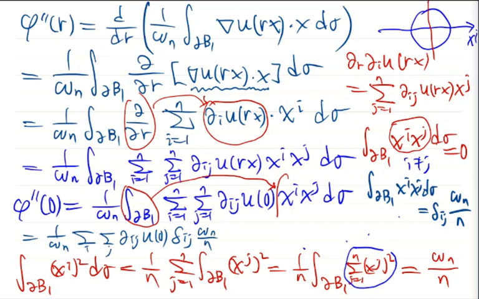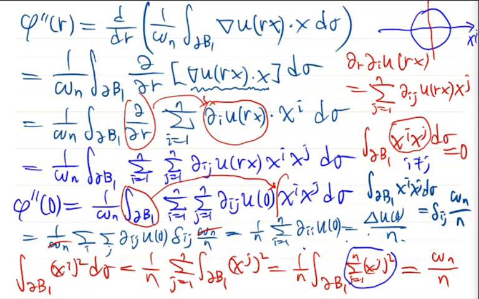The omega_n will cancel with the denominator, and the sum will be 1 over n, sum i from 1 to n of d_ii u(0). That is Laplacian u(0) over n. So this is the final result.